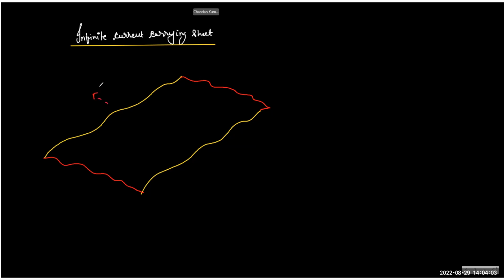It is stretchable in this direction, so all of it can go to infinity, and the current is moving in a straight line, parallel to one of the sides.